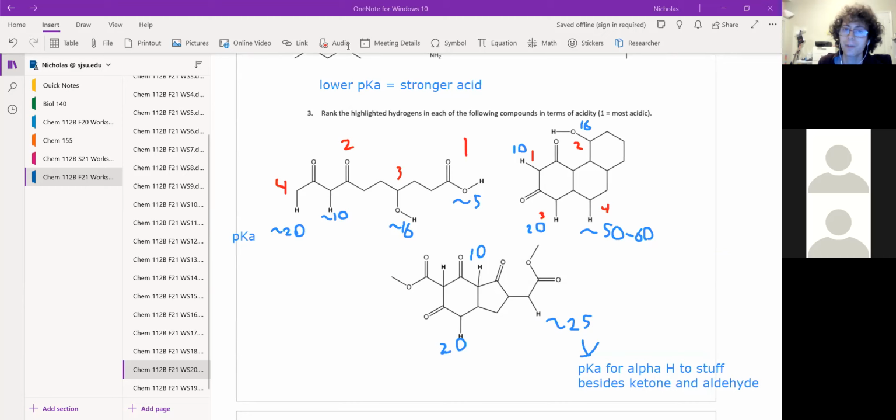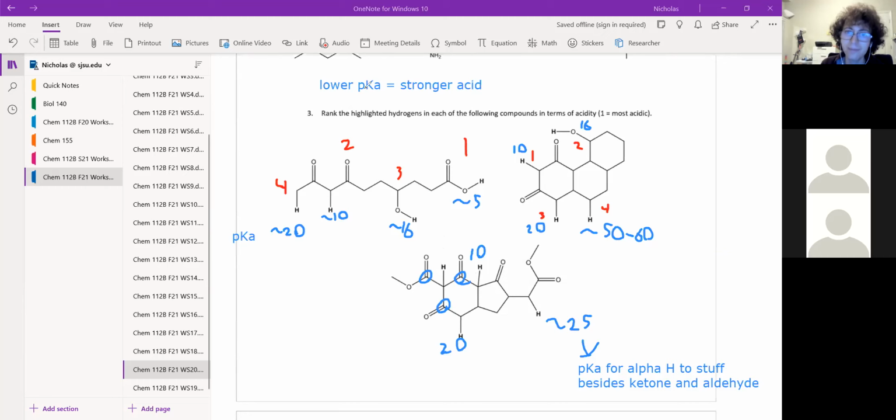And then that last one, you don't have a pKa value that you have to know for this, and I don't know what the pKa would be for this exact one, but it's alpha to three carbonyls. It's alpha to this, and this one. And the more carbonyls that are alpha to a hydrogen, the more acidic it is, because if you drew the conjugate base, it would have more resonance forms.